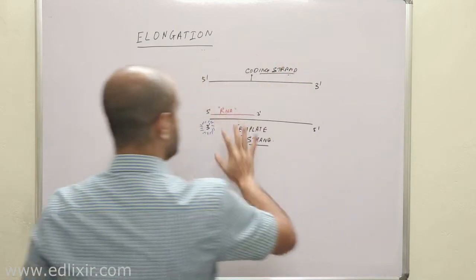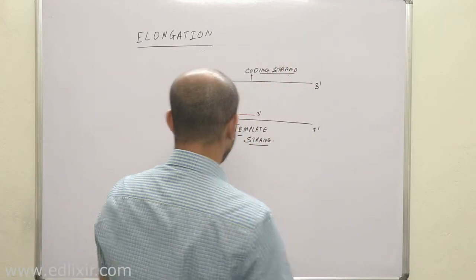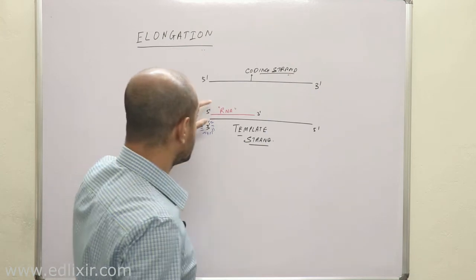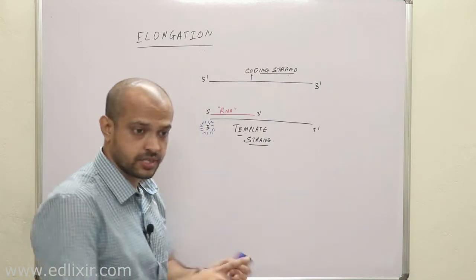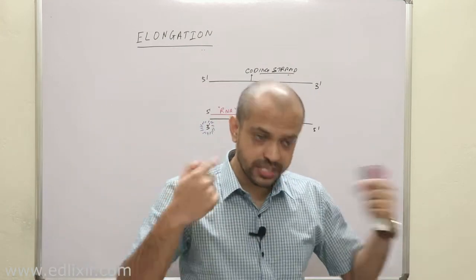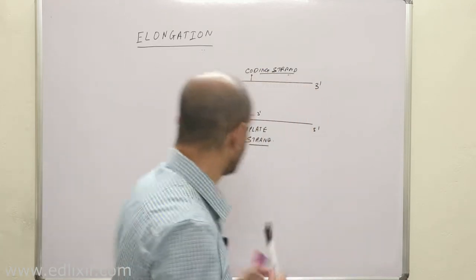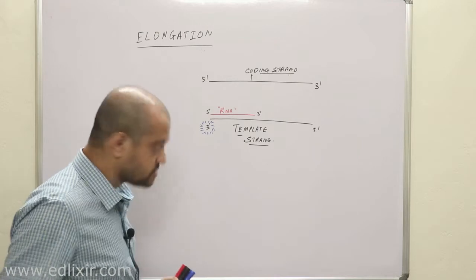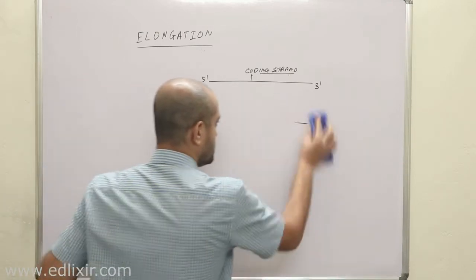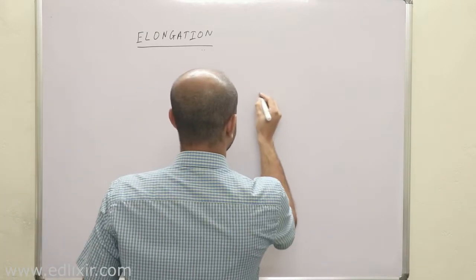Now listen with all your attention. A very important point here: RNA polymerase reads only one of the strands, but takes 2 strands at a time, right? Now suppose this is our RNA polymerase diagram.